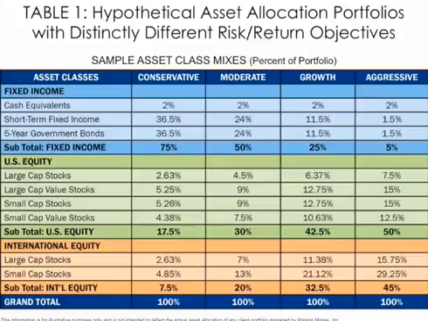And inside each of these hypothetical portfolios, we're going to explore the distinct risk return objectives and compare them to each other. So moving forward, you will know what to expect from both a risk and return objectives.